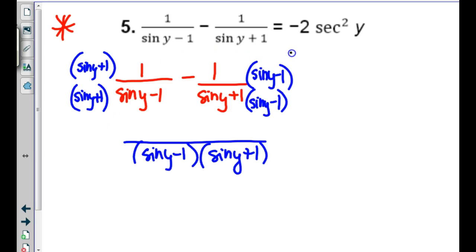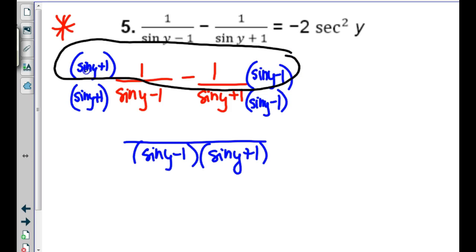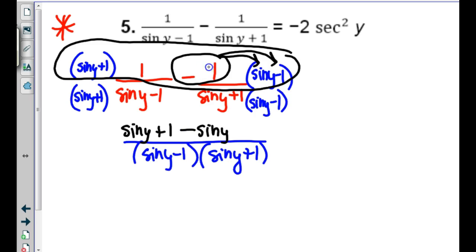So now I have all this on the top. Sine y plus 1 times 1 is just sine y plus 1. But be super careful. What happens over here? Yes, this is being distributed. So you have a negative sine y, and a negative 1 times that negative 1 at the back is a plus 1.